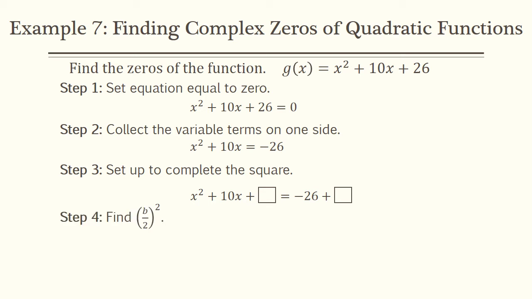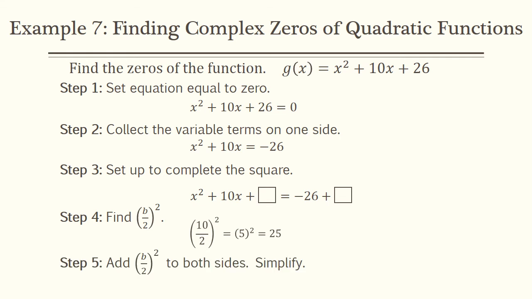B divided by 2, the quantity squared. Plug in b. B is 10. 10 divided by 2 is 5. 5 squared is 25. So I replace 25 into both sides of my equation, and simplify. Negative 26 plus 25 is negative 1.